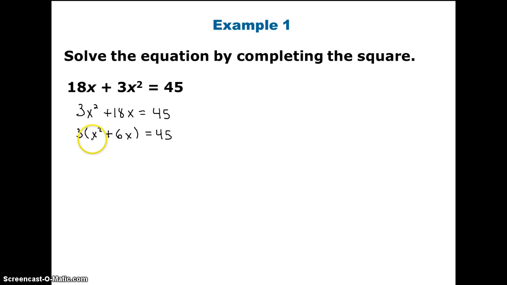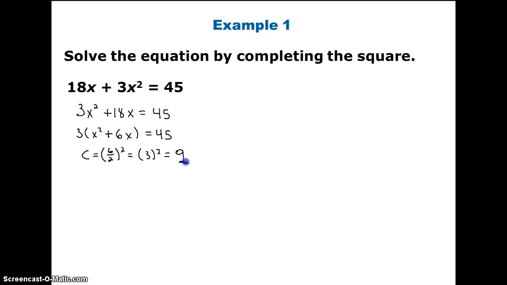We want to complete the square inside of the parentheses. Notice a is 1, b is even, so let's go ahead and find c. That's what we're missing to complete the square. To find c, you take the value of b, divide by 2, and square it. So that's 3 squared, which equals 9.